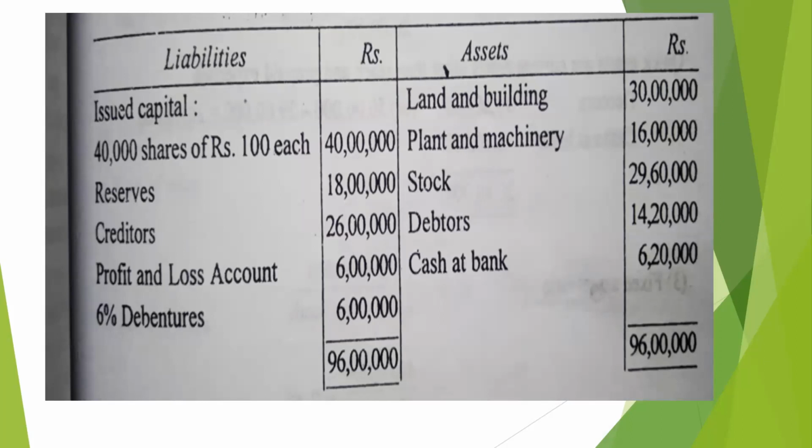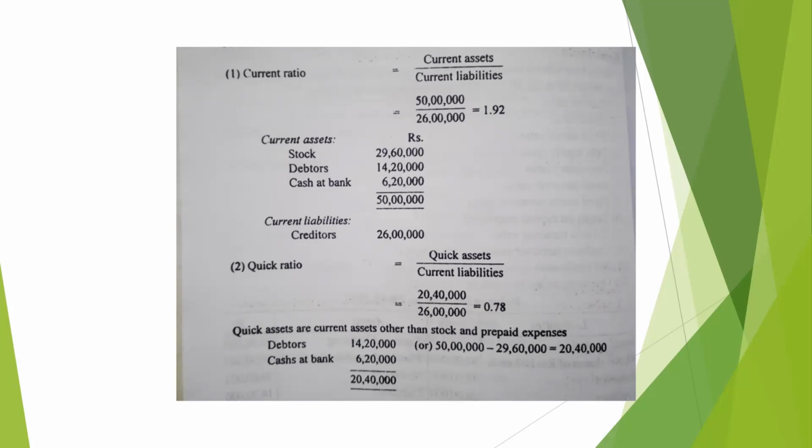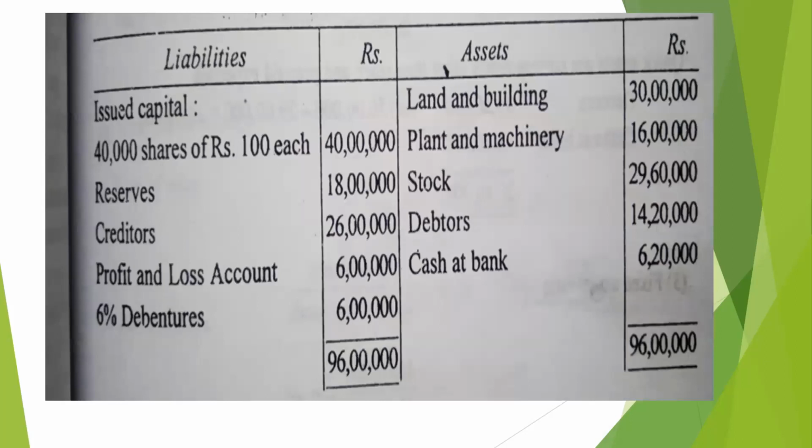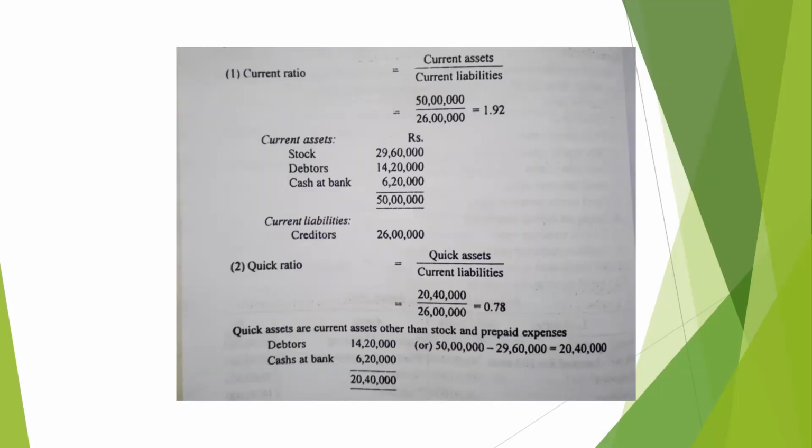So stock and the prepaid expenses we won't take. Or otherwise we have to take current asset minus stock and prepaid expenses, that is 50 lakhs minus 29,60,000, that is stock. So quick asset value is 20,40,000 divided by current liability is 26 lakhs. So the quick ratio answer is 0.78.